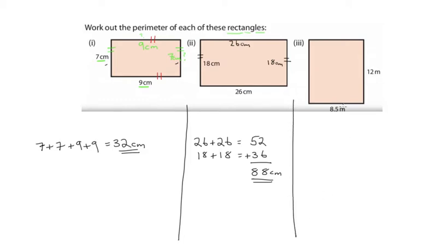Now, the next one here, I hope you've noticed, is in meters. M stands for meters, whereas before we were working in centimeters. Now the bottom is 8.5 meters. So the top must also be 8.5 meters. And then the right hand side of the rectangle is 12 meters.